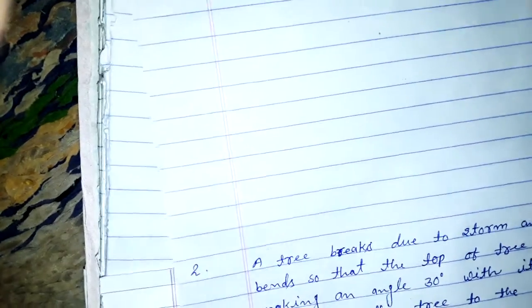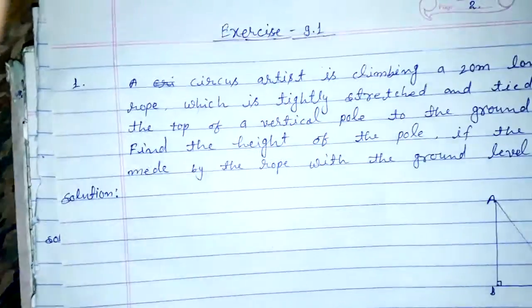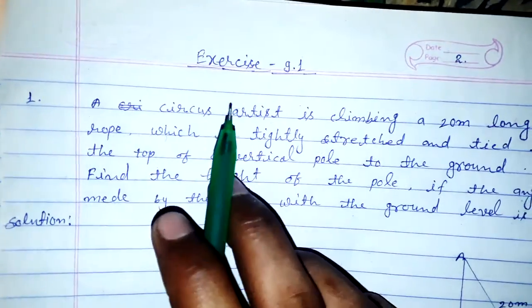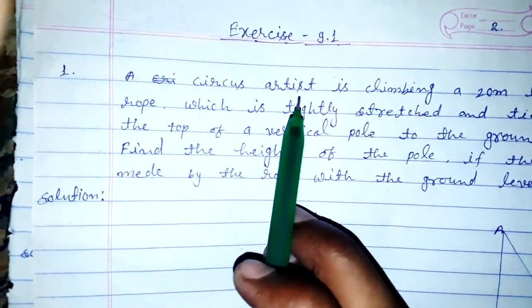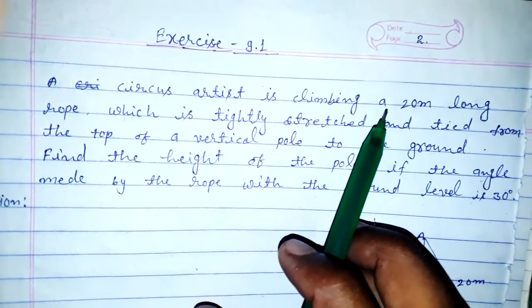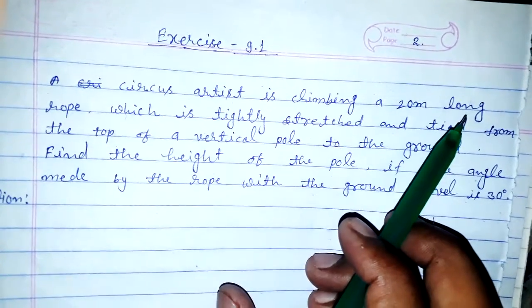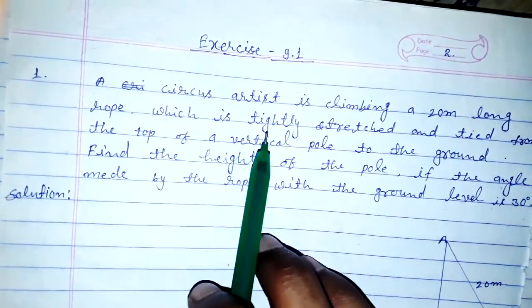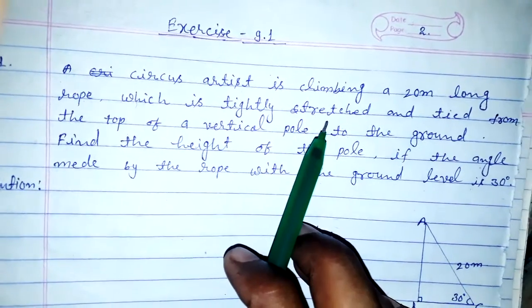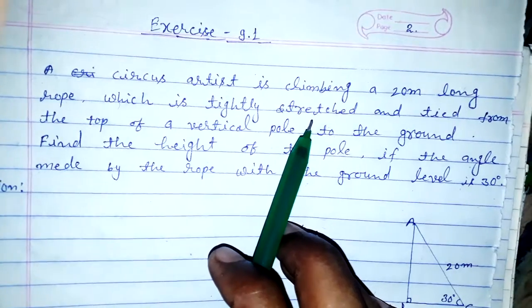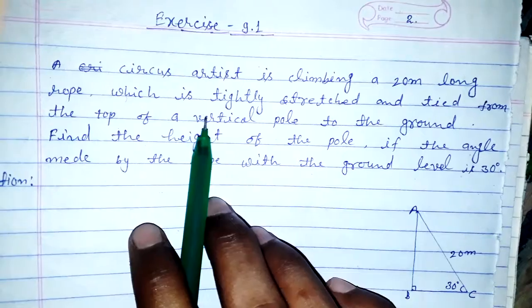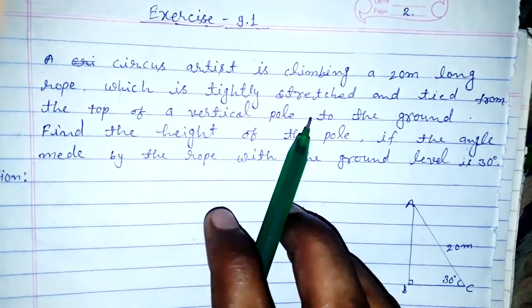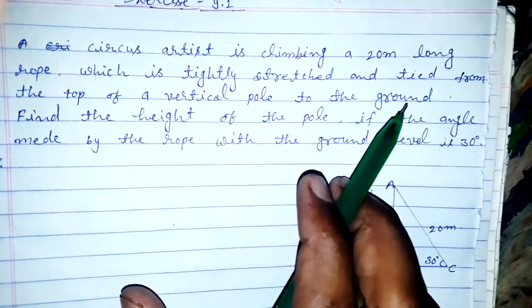Now the first question is exercise 9.1. First question: a circus artist is climbing a 20-meter long rope which is tightly stretched and tied from the top of the vertical pole to the ground.